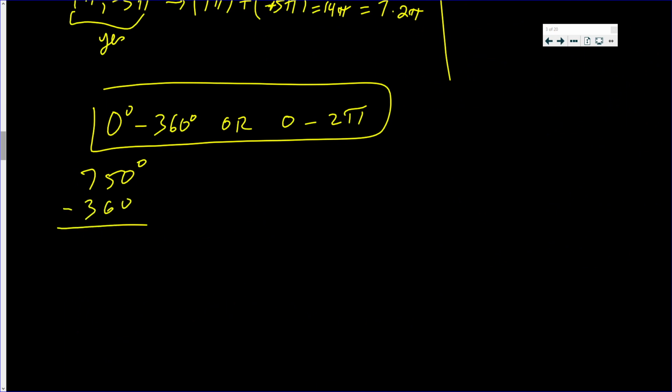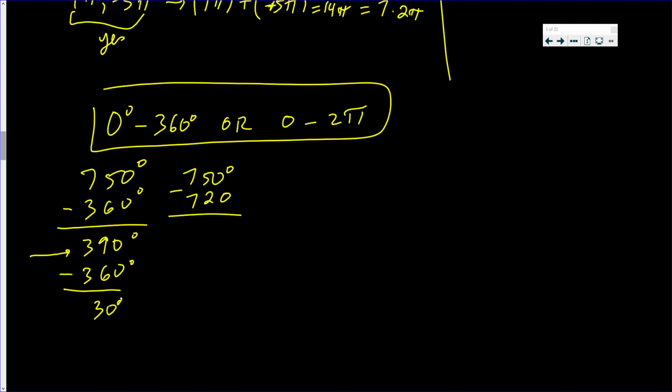You can take away 360 one time, and then take it away again, and now we get a number between 0 and 360. That number was too large. Or, if you know your 360 table fairly well, you can take away 720 to get 30 degrees.